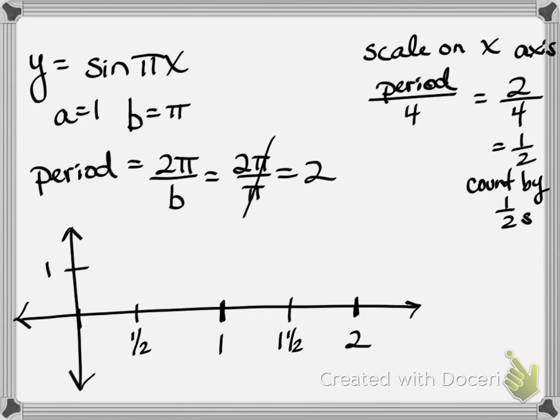The amplitude is still 1. Sine starts at the midline, goes up, crosses the midline, goes down, and finishes at the midline. So every point that we label on the x-axis has a different value for sine. Helps us to create our graph.